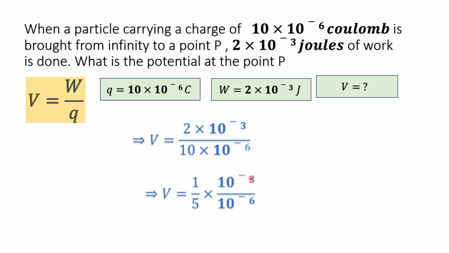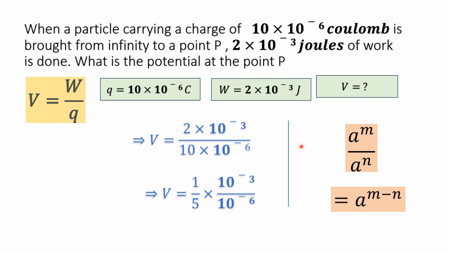Now let us do this part. For this part we can just use the laws of indices. We know if the bases are same, and the sign is division in between them, in that case a to the power m minus n. So here also the bases are same, 10 and 10. So we can just write it as 10 to the power minus 3 minus minus 6.